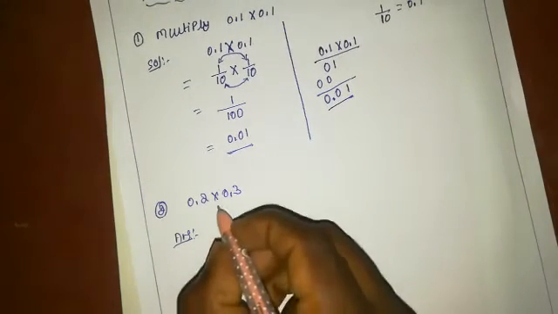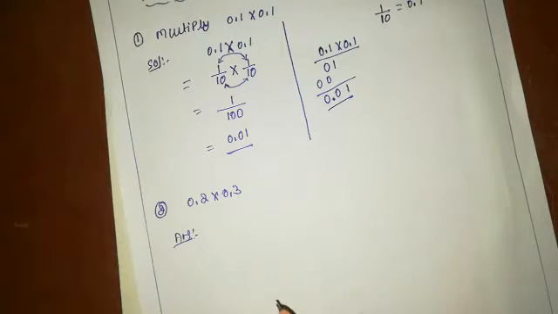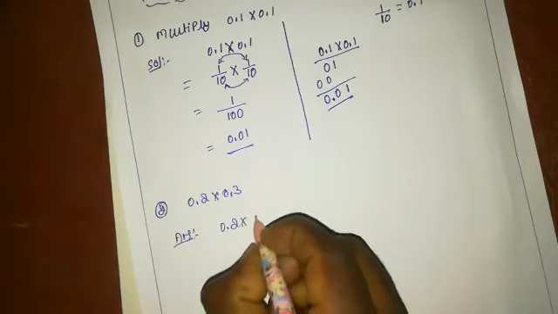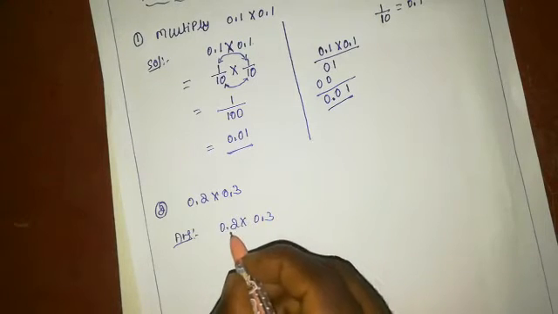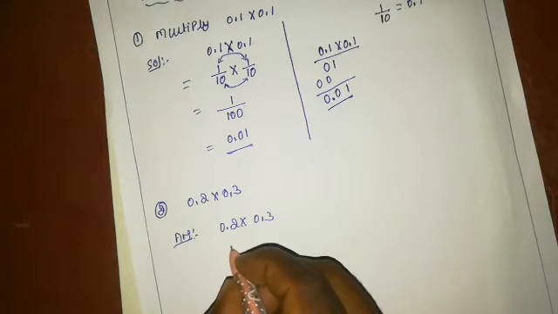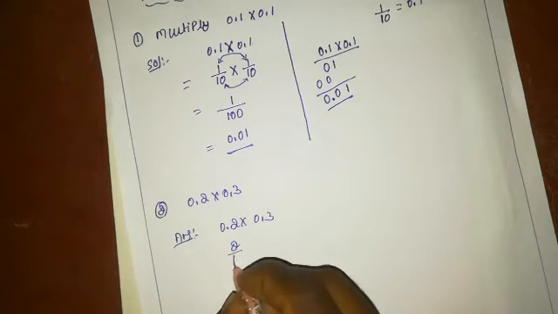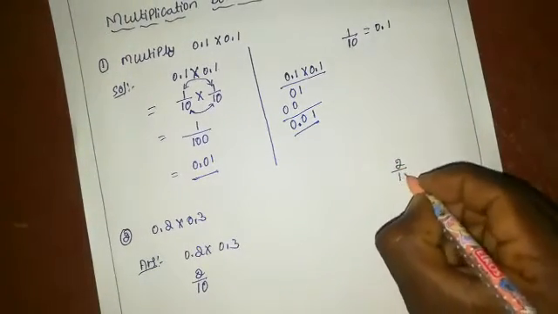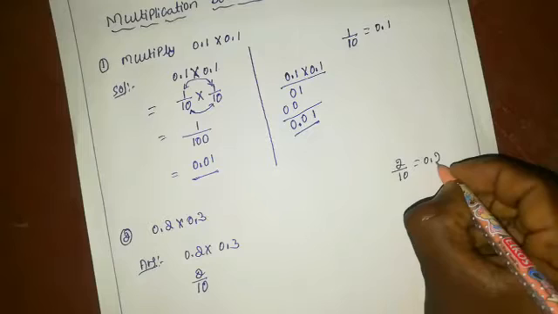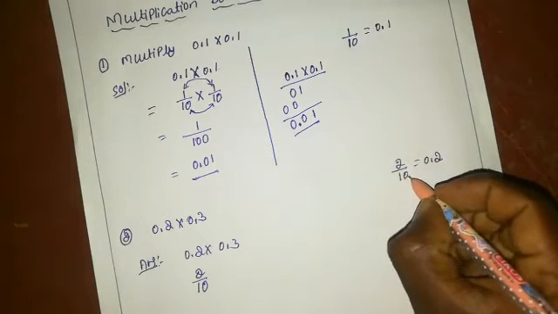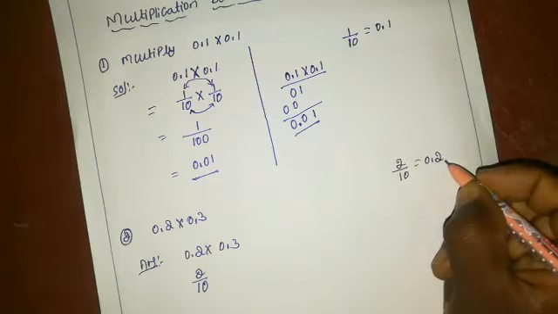Now 0.2 we can write as 2 by 10, because when we divide 2 by 10, we get 0.2. In the denominator we have a 10, so we can write it as 0.2.